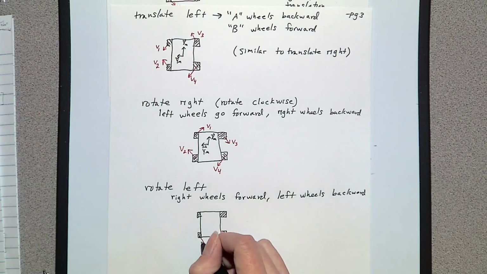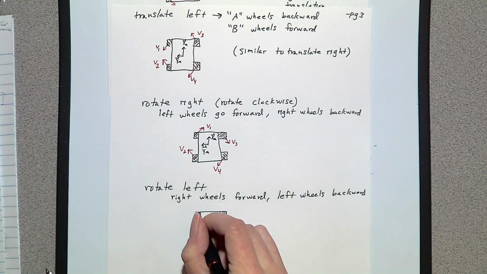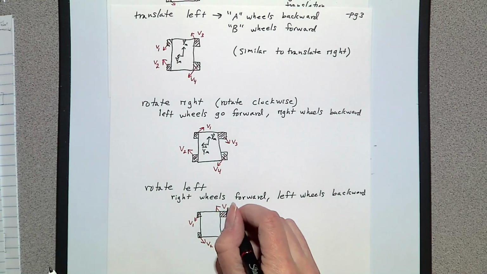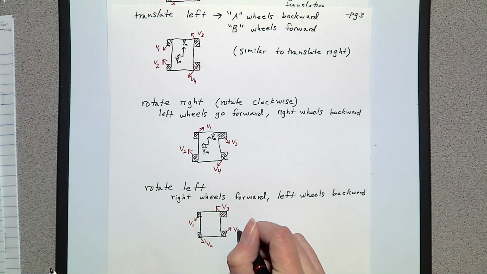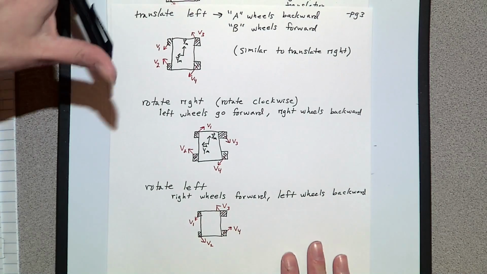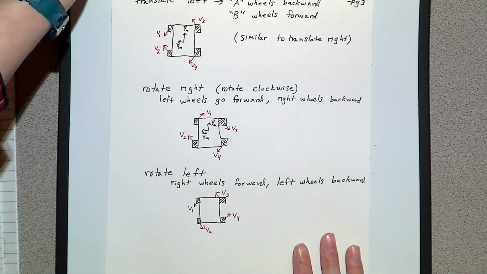Except now these are going backwards, and these ones are going forward. And so you can see by the direction of the velocity components that we'd be rotating in the counterclockwise direction.